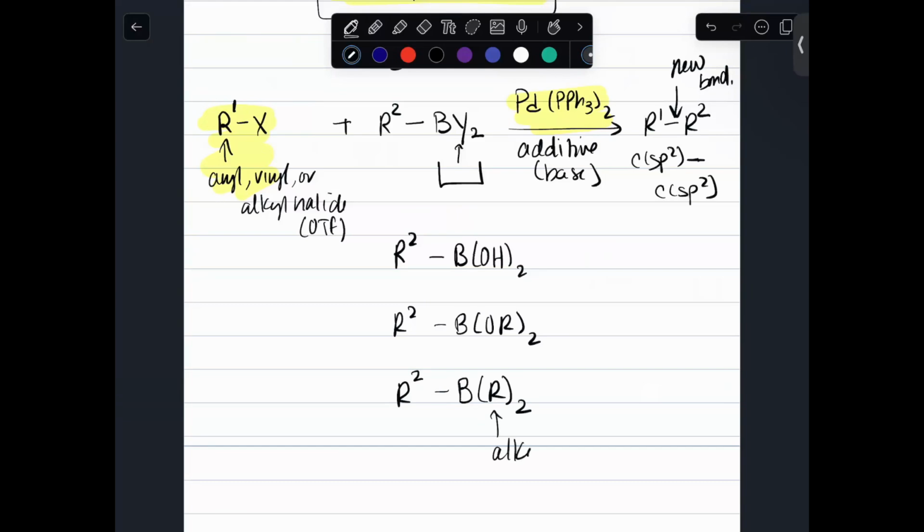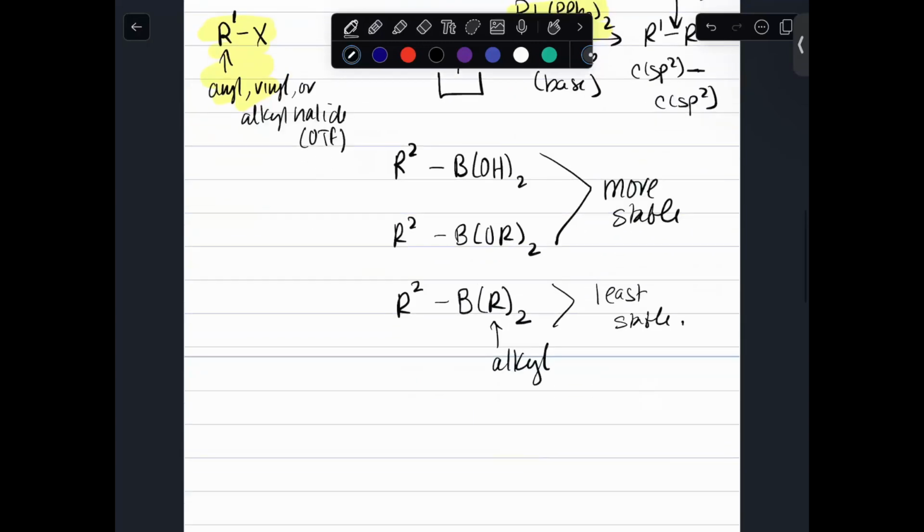i.e. alkyl groups. The difference between these is that the ones with hydroxy groups and alkoxy groups tend to be more stable and easier to use. The ones with alkyl groups are least stable. And so why is that? Boron is in our group 3. It has 3 valence electrons.